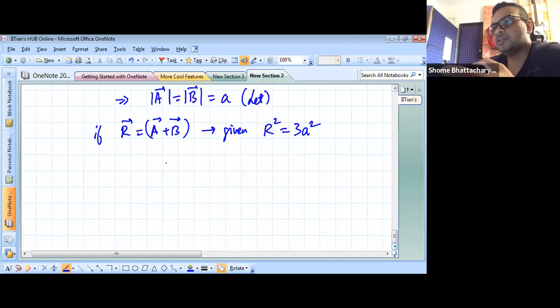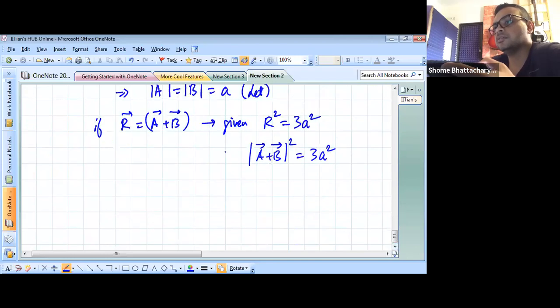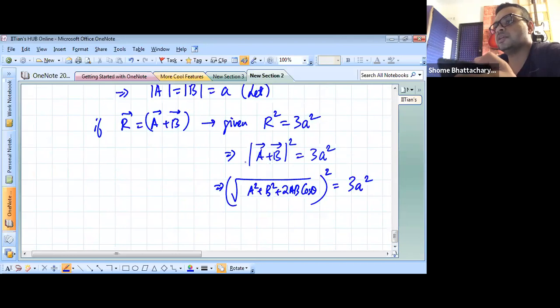Basically what this statement means is that for A plus B, the resultant, the square of its magnitude is 3 times a square. So now we will just substitute that. Use this: the square root of a square plus b square plus 2ab cos theta, whole squared, equals 3a square, and in this substitute A and B as small a respectively.